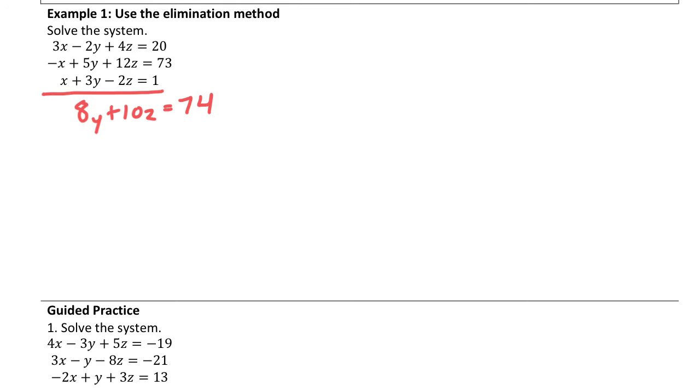So I am going to take equations 1 and 2, the first equation and then the second equation. I'm going to think about what I have to multiply the second equation by to get the x's to match up. I'm going to multiply the second equation by 3. So the second equation becomes negative 3x plus 15y plus 36z equals 73 times 3, which is 219.